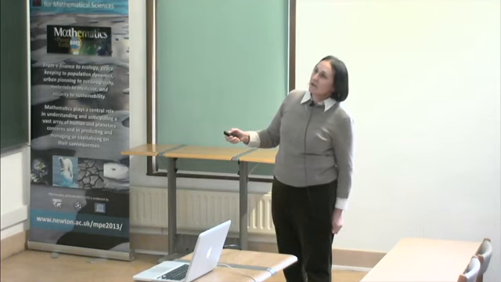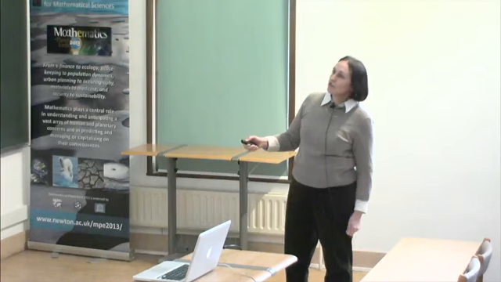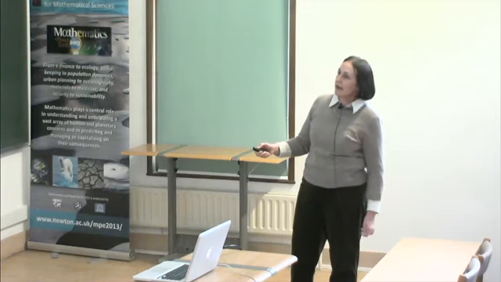So there's one of these ions, and I am going to call it, say, the first ion, c_1, that is the one that reacts with the groups in the polymer. When some of this is attached to the polymer, this contributes to the total charge of the network. And in general, the network charge is negative, so here we take this negative.